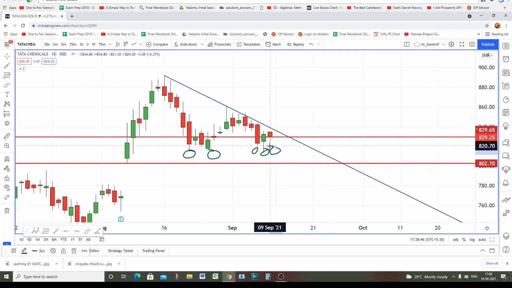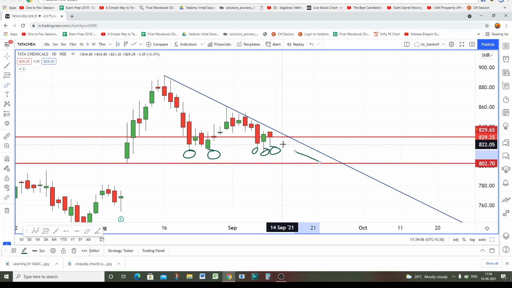So what do we understand from this? We understand that this stock is not showing any interest to move in the downward direction, first point. Then what is the probability? If it breaks the upside of 840, then it has a high probability to reach the levels of 880.